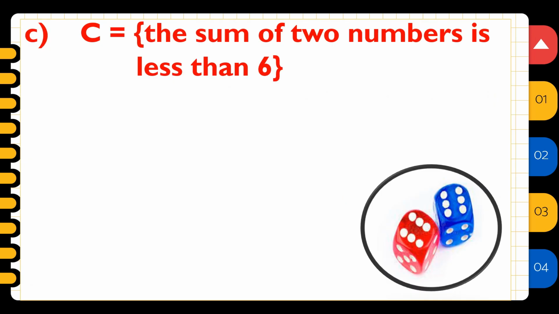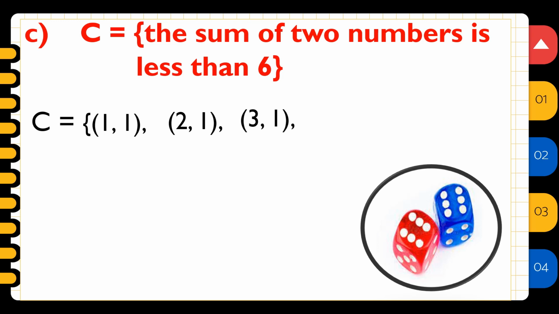Letter C. C equals the sum of 2 numbers is less than 6. Here you check the pairings in our sample space that will give you a sum of less than 6. In this case, we have 1 and 1. We also have 2 and 1, 3 and 1, 4 and 1.